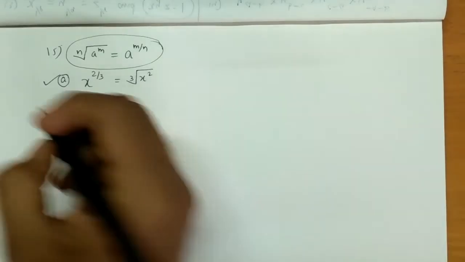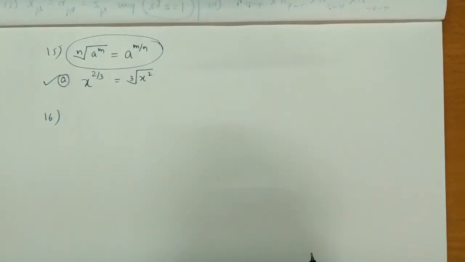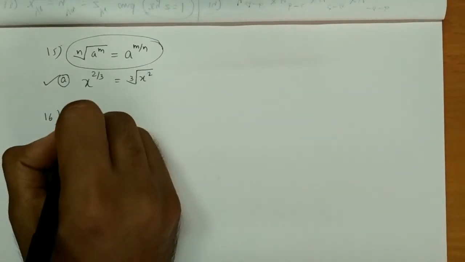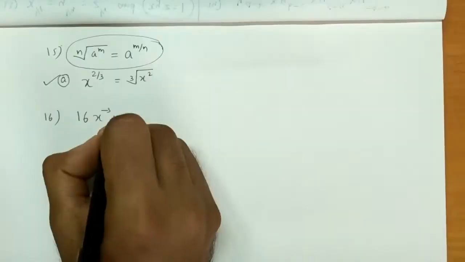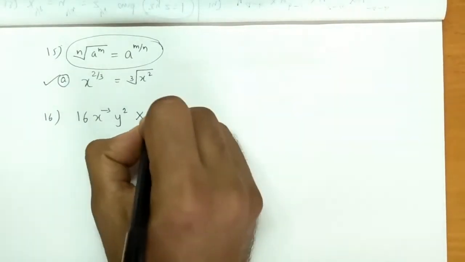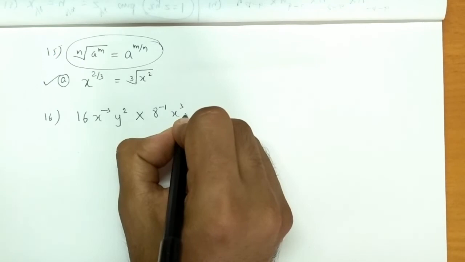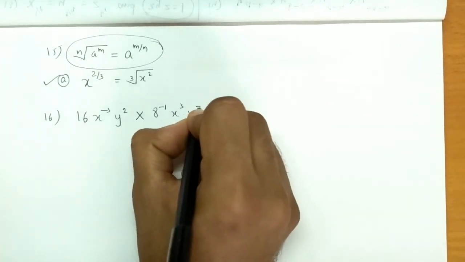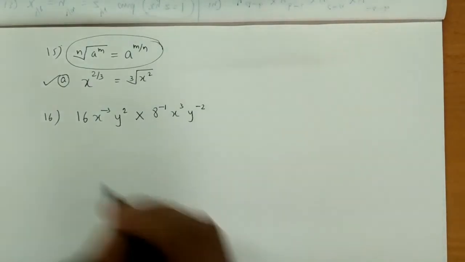Okay, let's move to question number 16. इसमें simplify करना है हमें. The value is 16 x raised to minus 3 into y square, the whole thing into 8 raised to minus 1 into x cube into y raised to minus 2. तो पहले हम ये negative powers remove करते हैं.